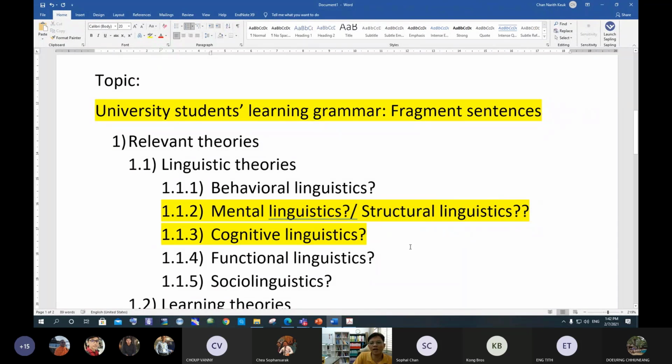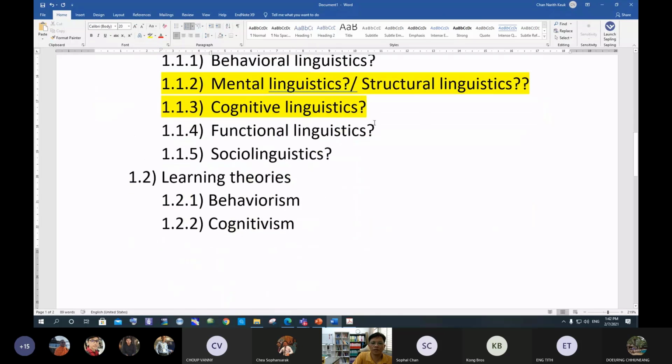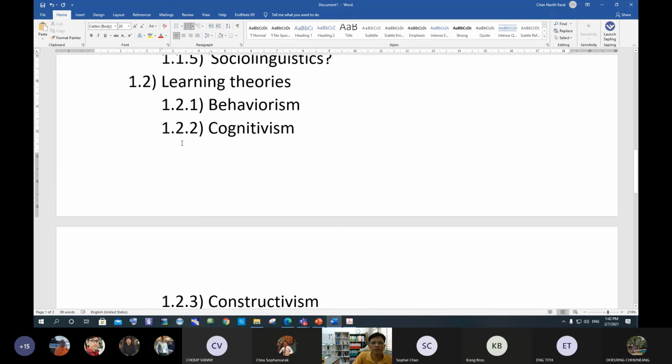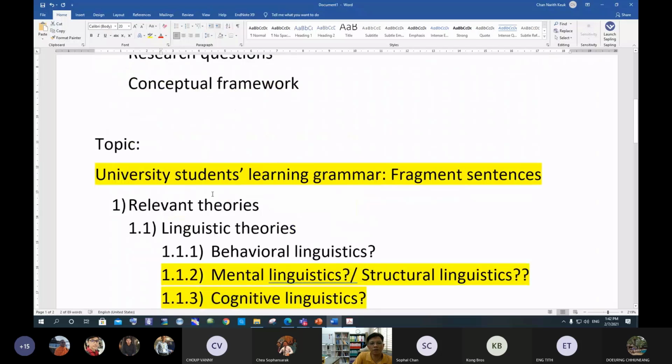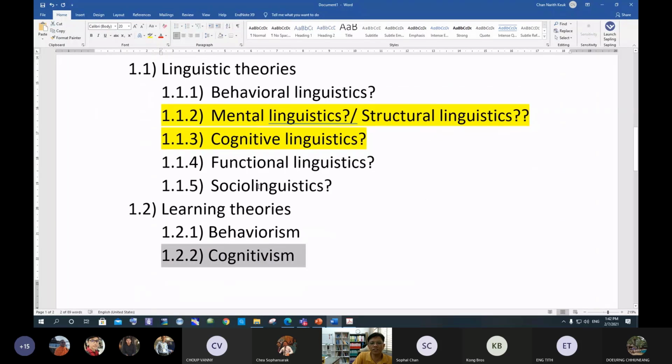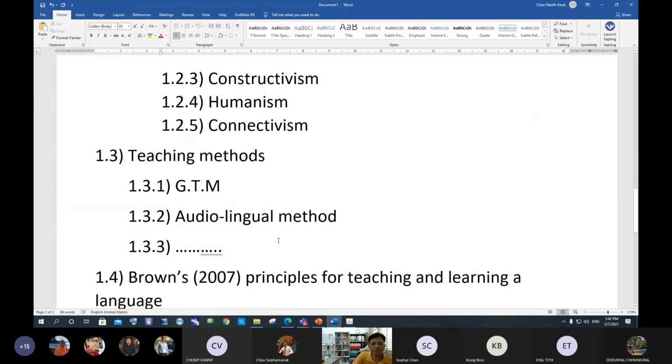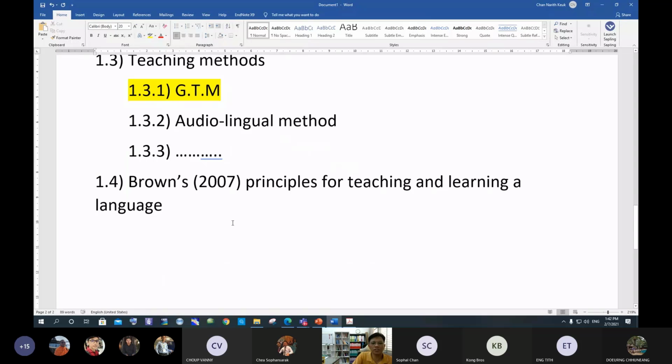Okay, so you pick up like that and you review them, and then you see the issues that arise in the topic here. And the most relevant theory for your topic, university student learning grammar, focusing on fragment sentences, maybe cognitivism. And maybe grammar translation method is the most relevant teaching method that you pay attention to.